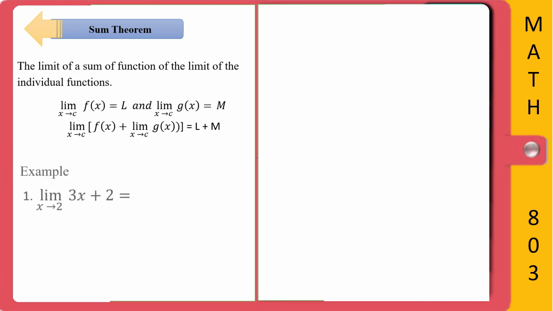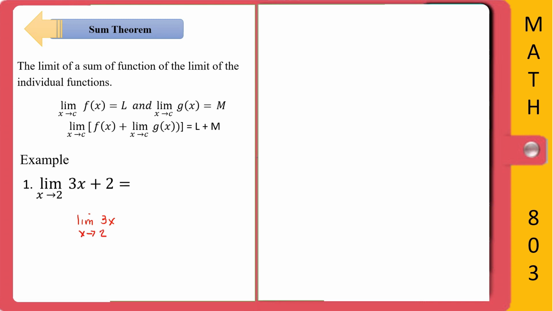To understand more, let's have an example. We have the limit of 3x plus 2 as x approaches 2. As you can see here, we need to distribute the limit as x approaches 2 to each term. So now we have the limit of 3x as x approaches 2 plus the limit of 2 as x approaches 2.